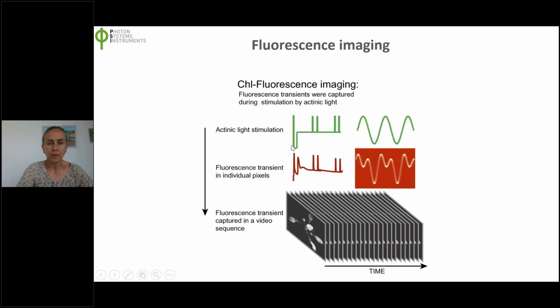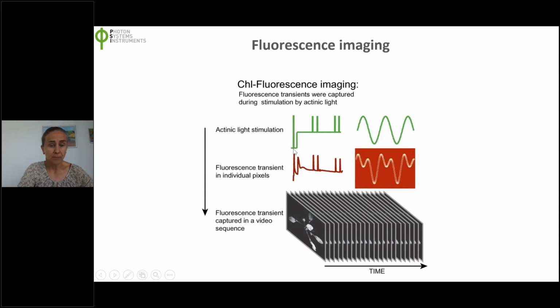Here we have an example of an illumination curve, where we have measuring light for measurement of F0, the minimum level of fluorescence. We apply a saturating pulse, then we switch on the actinic light, and we apply multiple saturating pulses during this light phase. So that would be a scheme for the light stimulation.